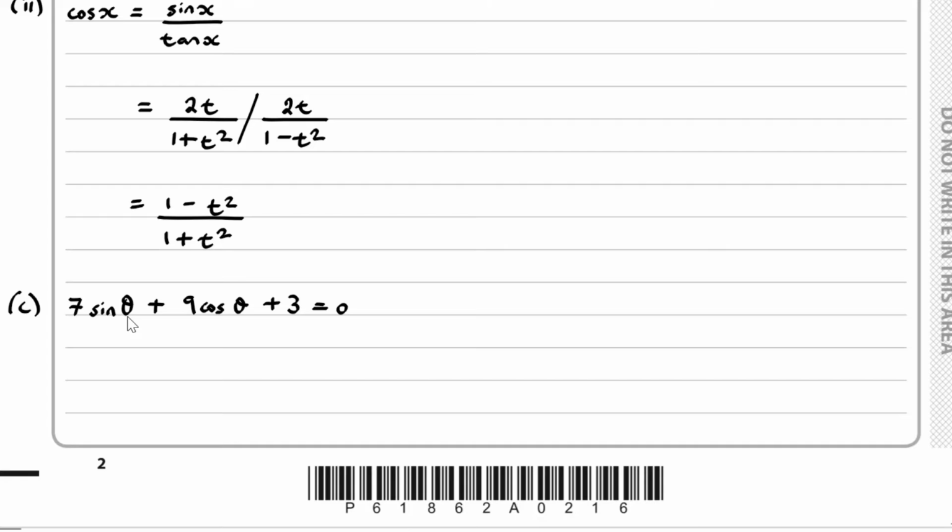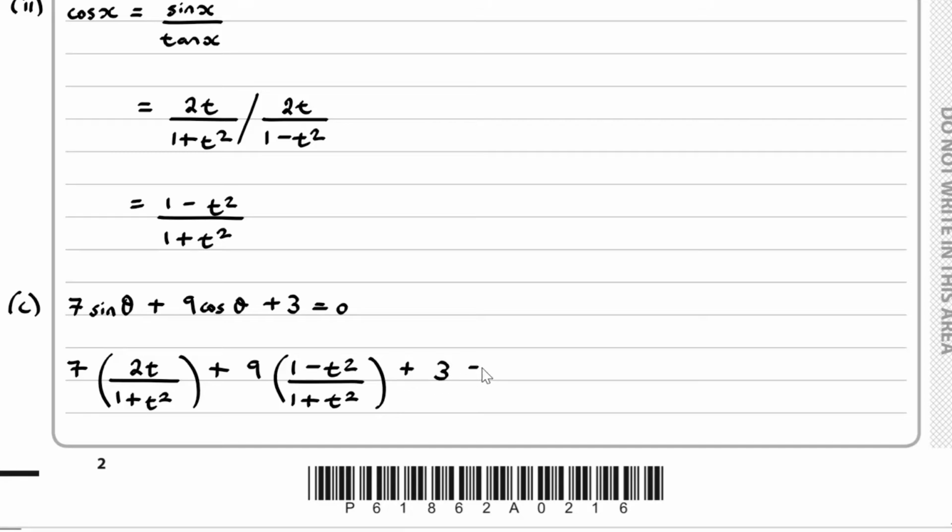We know what sine theta and cos theta are in terms of t. So we have 7 lots of 2t over 1 plus t squared plus 9 lots of 1 minus t squared over 1 plus t squared plus 3. This is equal to 0.